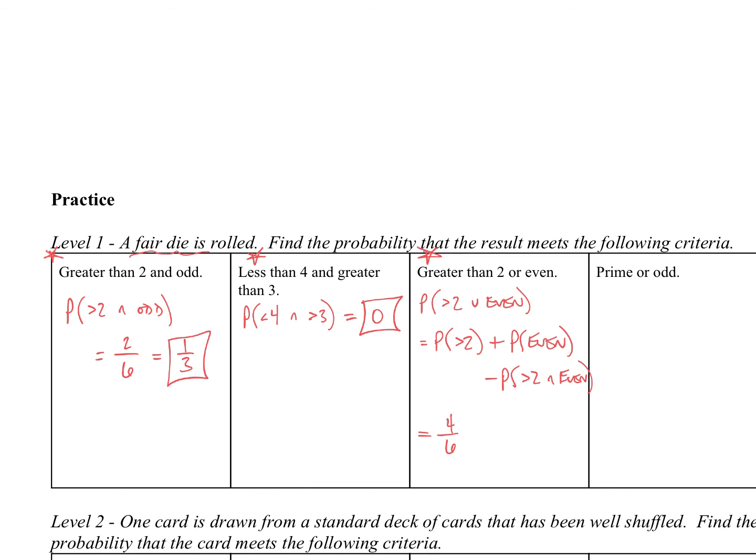That's 3, 4, 5, and 6. The probability that a number is even is 3/6. And all of the numbers that are greater than 2 and are even, that would just be 4 and 6. So 2 numbers. So when I add 4 plus 3, I get 7, minus 2 is 5. 5/6, which you could have done just by counting up those values.